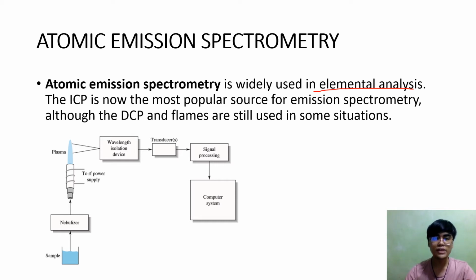The ICP has proven specifically useful in industrial quality control, and the DCP has found a significant role in trace metal determination in soil and geological samples. Flame emission is still used in some clinical laboratories for determining sodium and potassium.